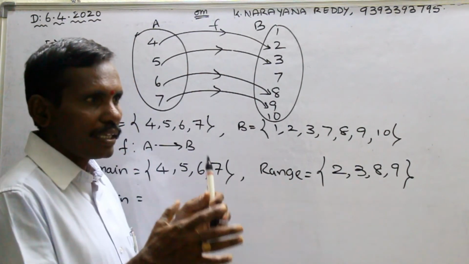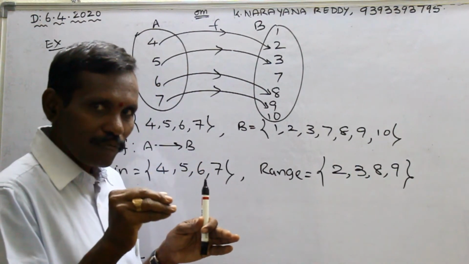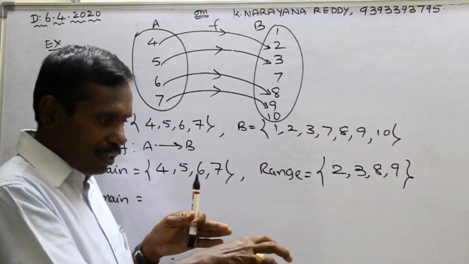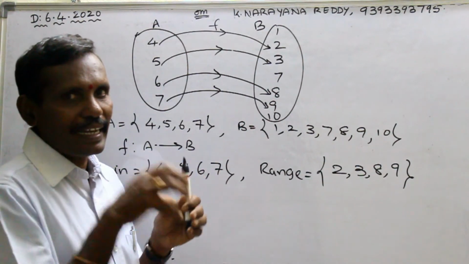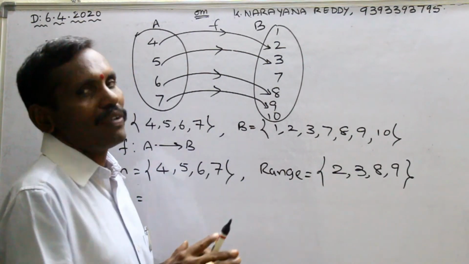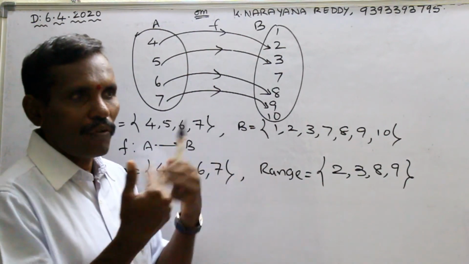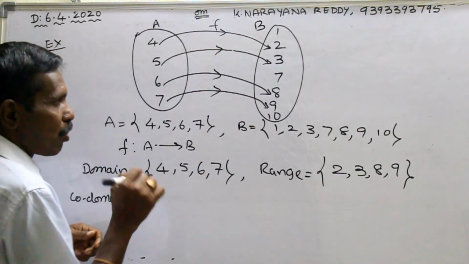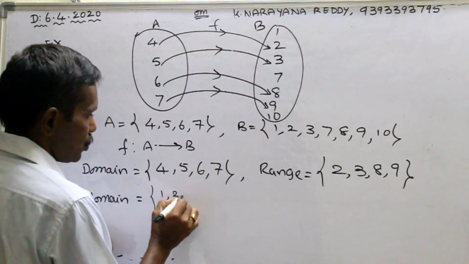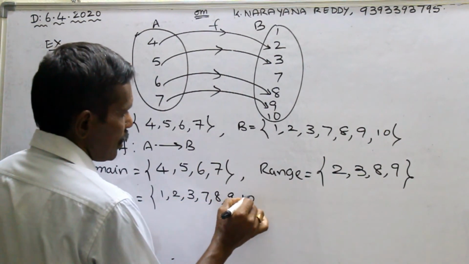We can't say particularly this type of color. But possible outcomes are 5. But we can take only one ball among those balls. Yes or not? What is coming out of the bag, that is range. Combining all the remaining, all are codomain values. 5 are codomain values, but outcomings are 1 or 2, depending upon our taking. Yes or not? So codomain values are all values: 1, 2, 3, 7, 8, 9, 10.